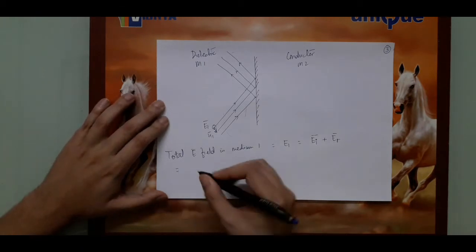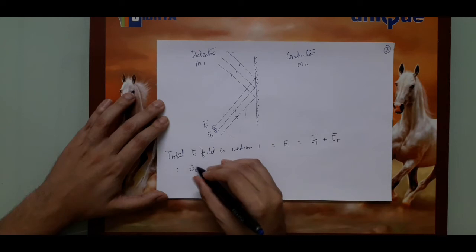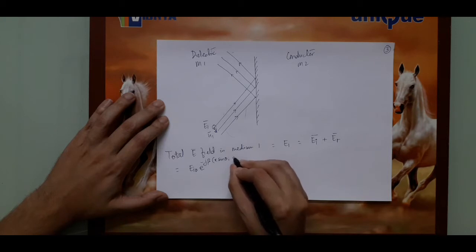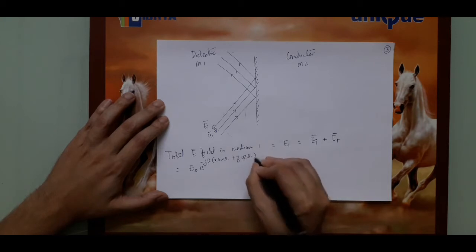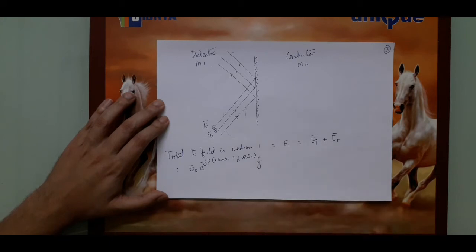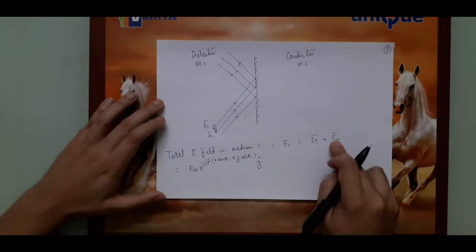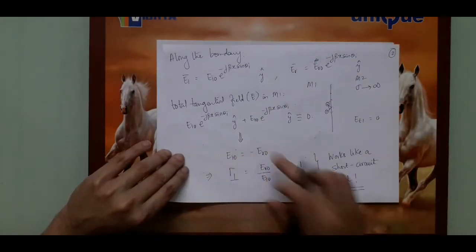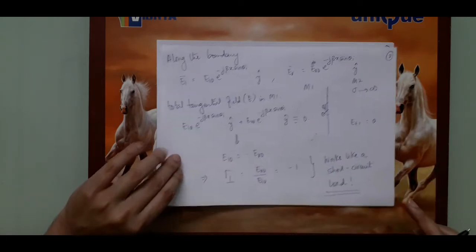So this is nothing but EI0 times e raised to minus j beta x sine theta I plus z cos theta I y cap, plus the ER field. But we already have proved that in such a case the EI0 and ER0 must be equal, that is, the fields at the boundary.